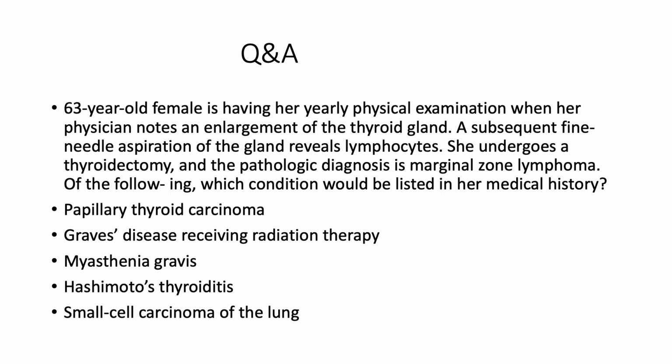So what condition is listed in her medical history? So as we all know, Hashimoto's thyroiditis is classically associated with long-term complications like B-cell lymphoma, which could be marginal zone lymphoma, or it could be diffuse large B-cell lymphoma. So that's why the answer over here is Hashimoto's thyroiditis.